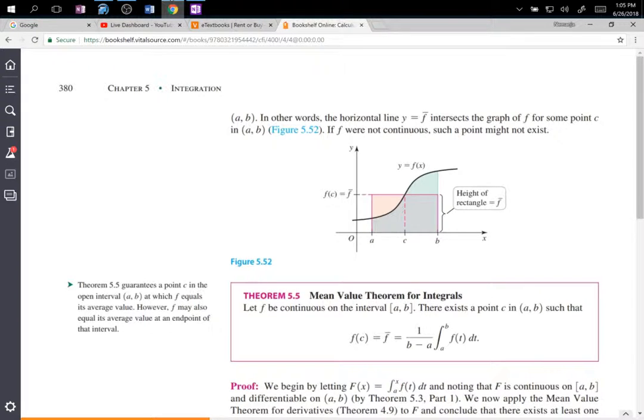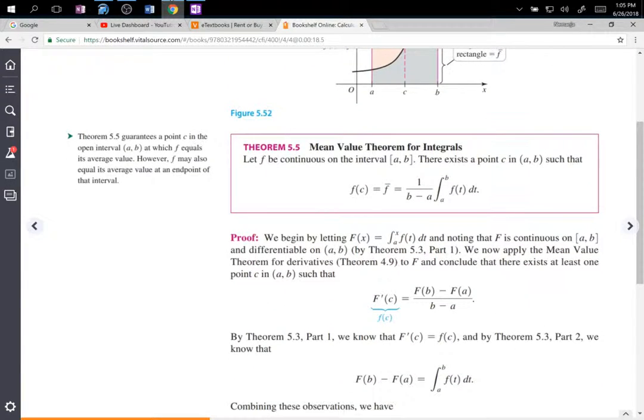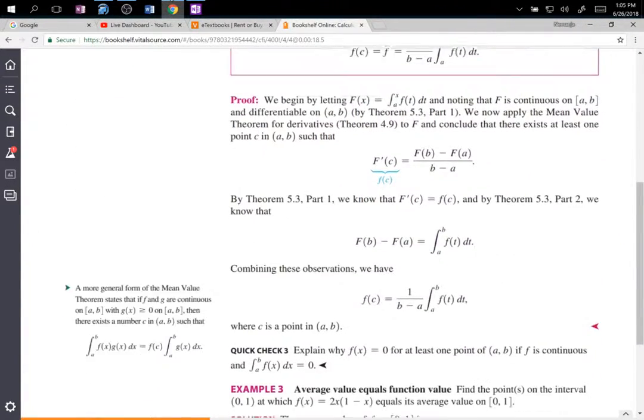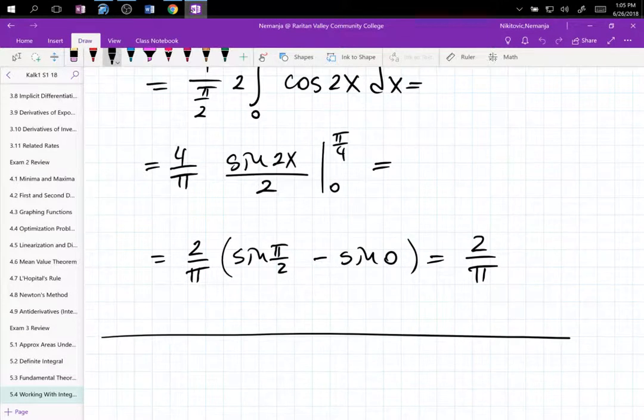Oh, the mean value theorem. The mean value theorem is the same formula, and you just set it equal to f of c, and you can find that c at which you have the average value. So let's add that.